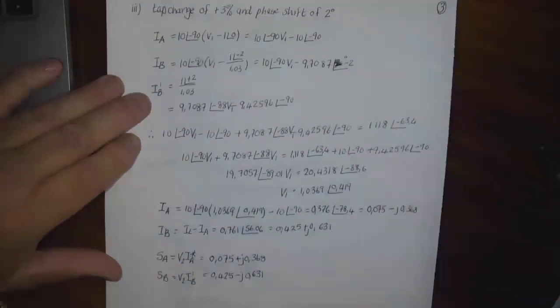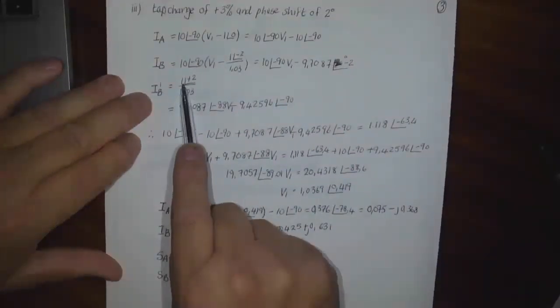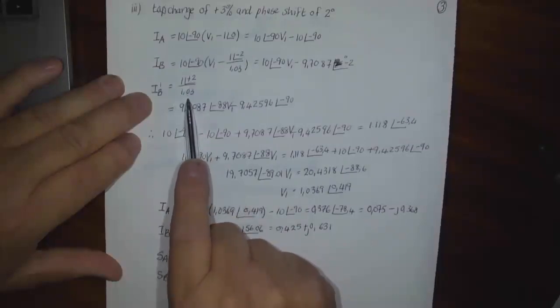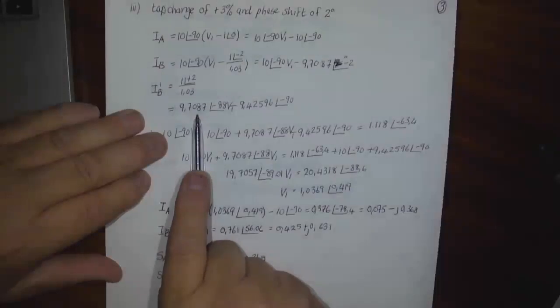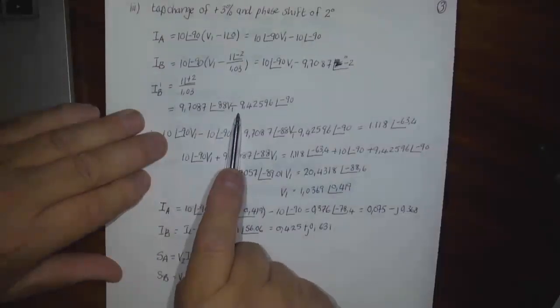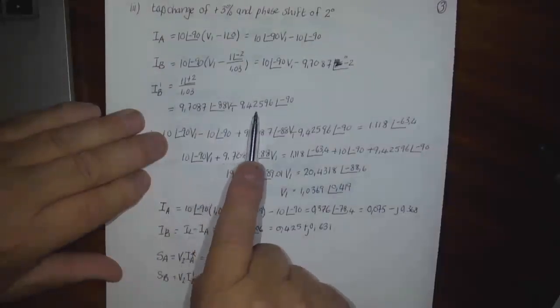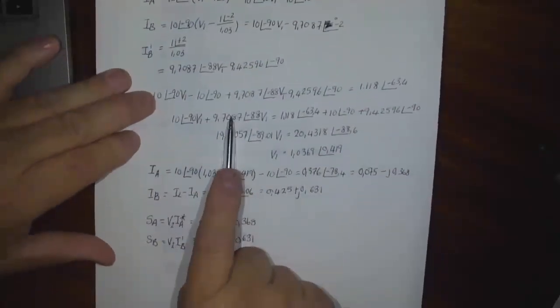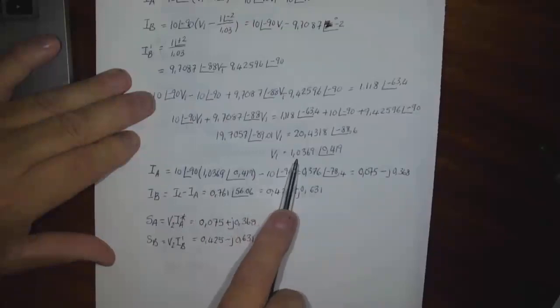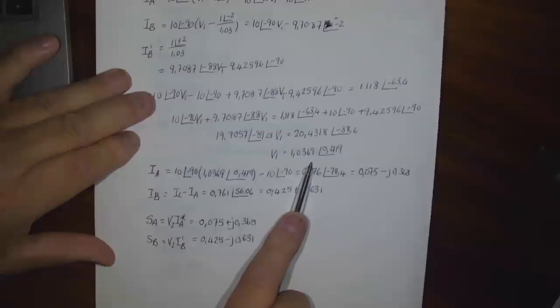And then IB dash is I times 1 angle plus 2 divided by 1.03. That gives us 9.7087 angle minus 88 V1 minus 9.426 angle minus 90. Solving for V1, we get 1.0369 angle 0.419.